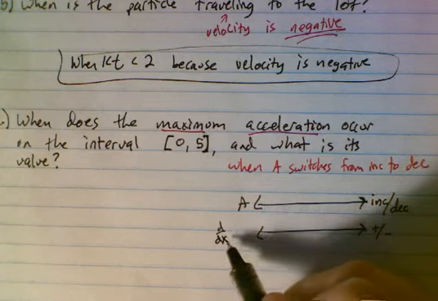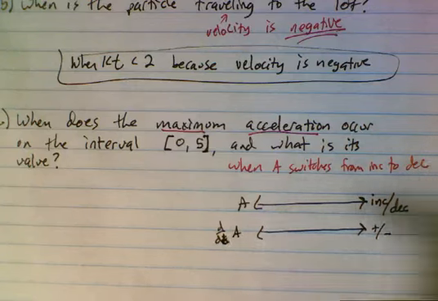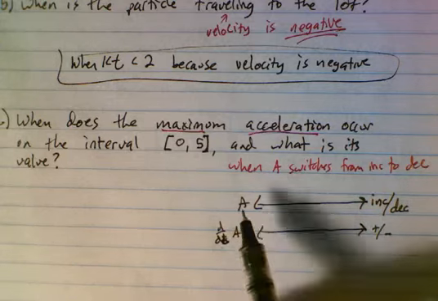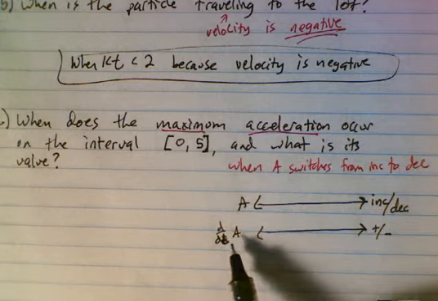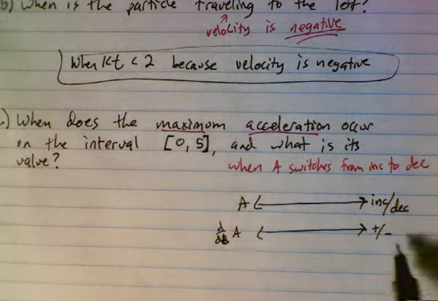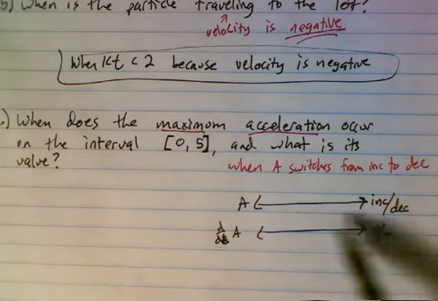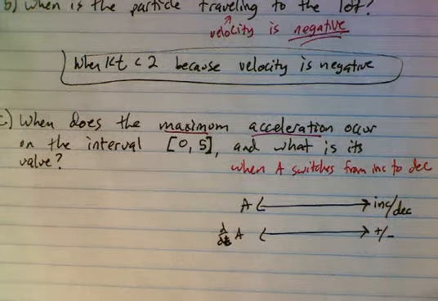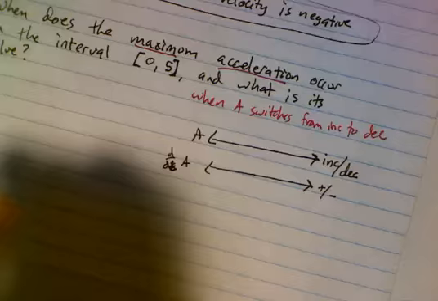So we don't really have a name for the derivative of acceleration. But what I want to do is find the acceleration, take the derivative of acceleration, and where that's positive or negative, that's going to tell me when acceleration is increasing or decreasing. Just like f is increasing or decreasing when f prime is positive or negative.